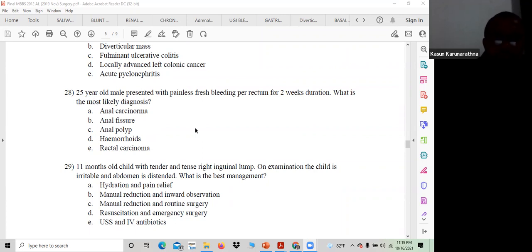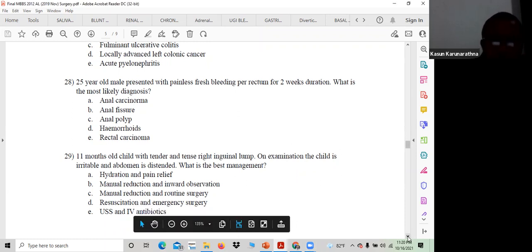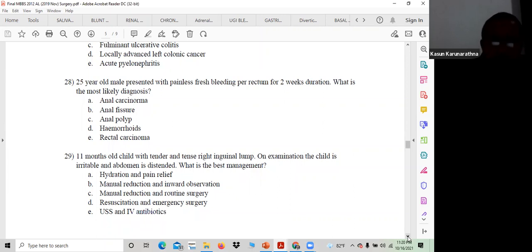There should be lower GI symptoms such as irregular bleeding, PR, tenesmus, right? Anal carcinoma again comes with a lump, and there should be positive DRE findings. Painless fresh bleeding, considering the age also, most likely diagnosis is hemorrhoids, right? Carcinomas are more common in old age. Anal fissures are again common in this age, but it's painful.